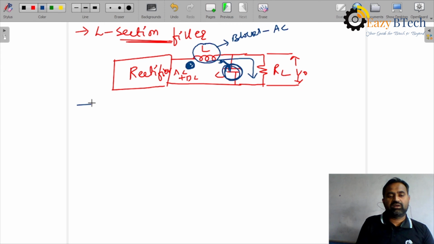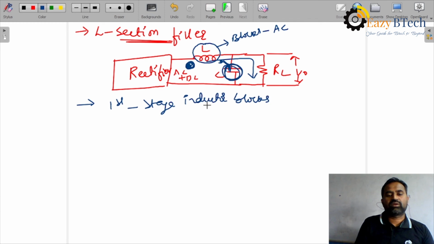Means in the first stage, the inductor blocks the AC portion, not perfectly blocked. Okay, simple. In the first stage, the inductor blocks the AC portion and allows the DC signal.